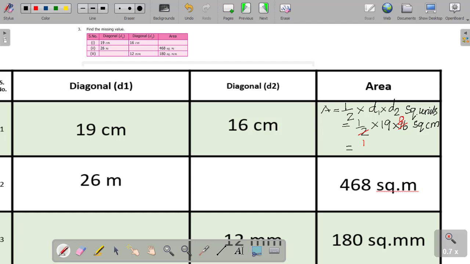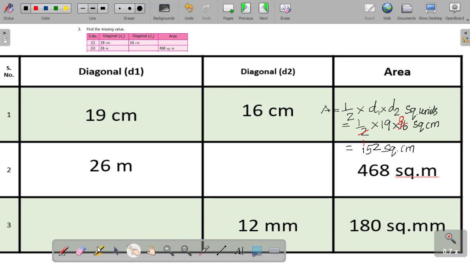Therefore, 19 8s are, 8 9s are 72, 7 is there. 1 8 is 8. 8 plus 7 is 15. So 152 square centimeter. So the area of the first rhombus is 152 square centimeter.